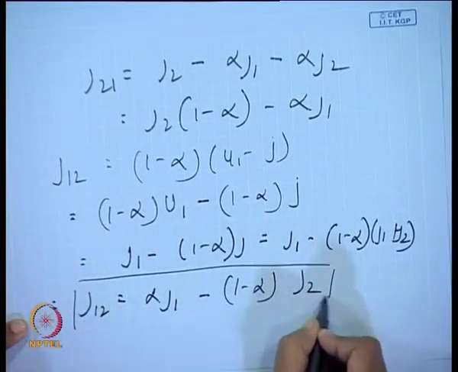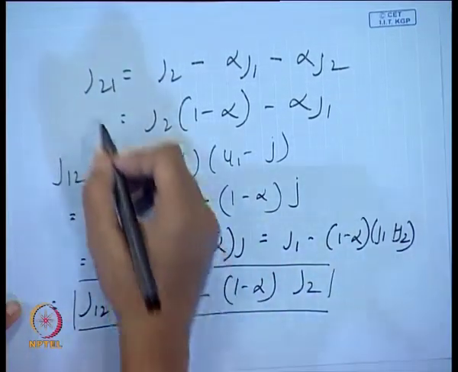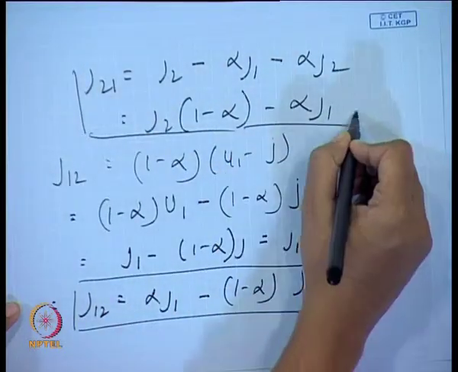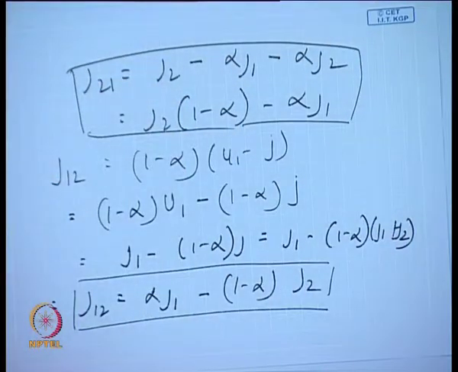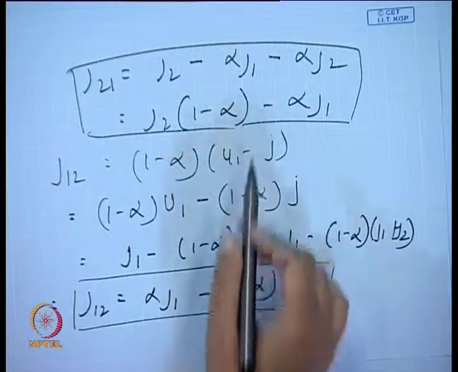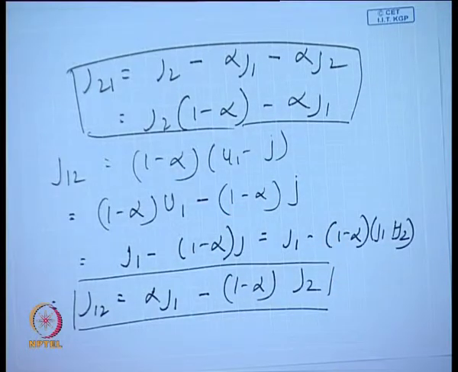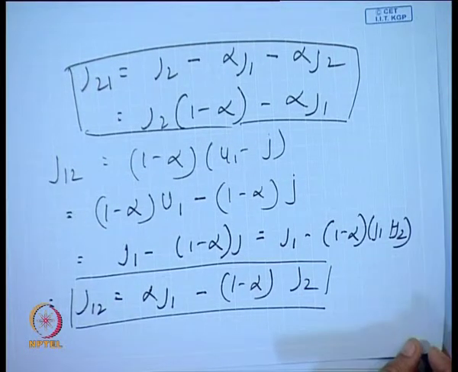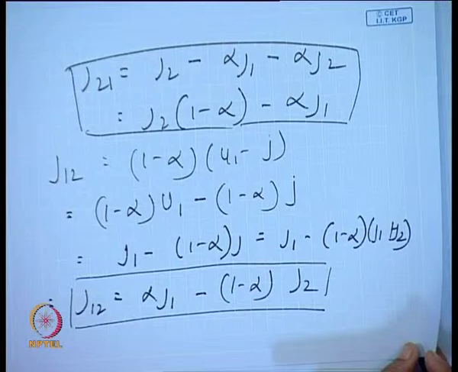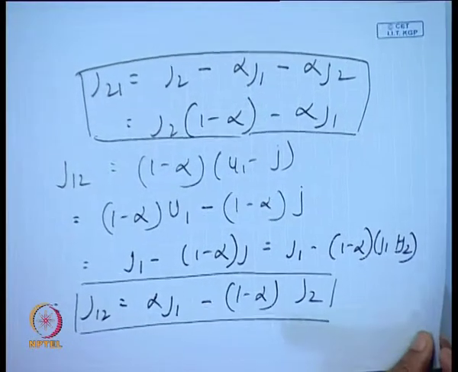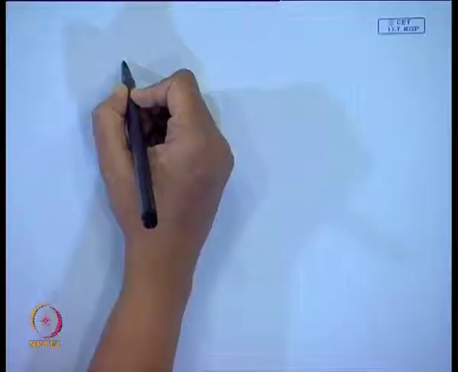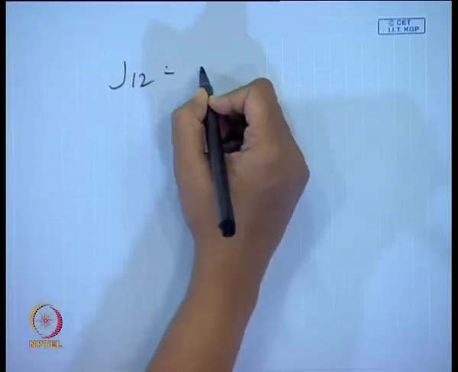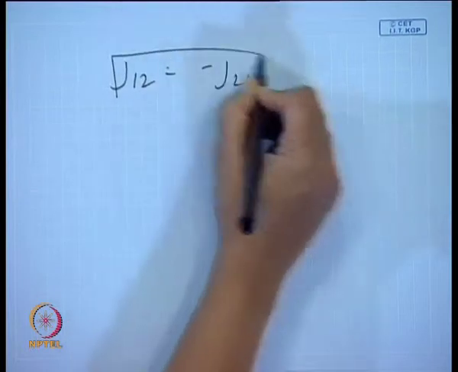Just compare this particular expression with the previous expression and tell me what is the relationship between j12 and j21. j12 equals minus j21, isn't it? So, therefore, what do we arrive at from here? We find j12 equals minus j21.